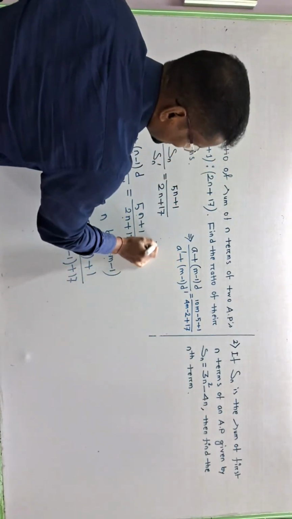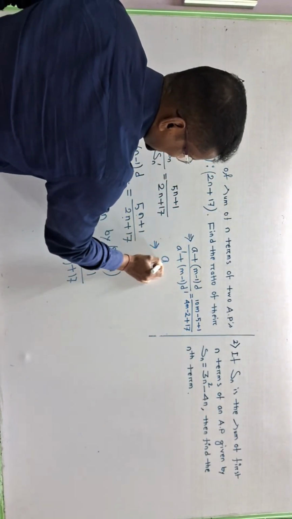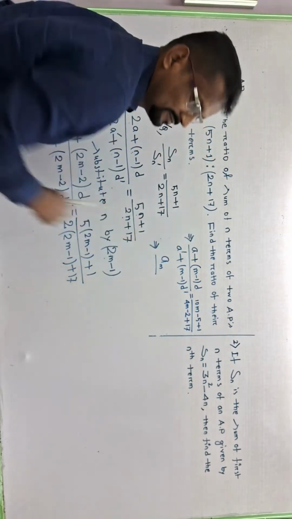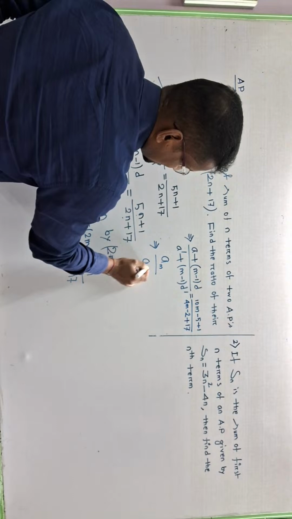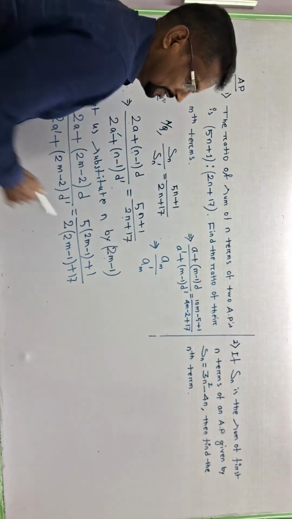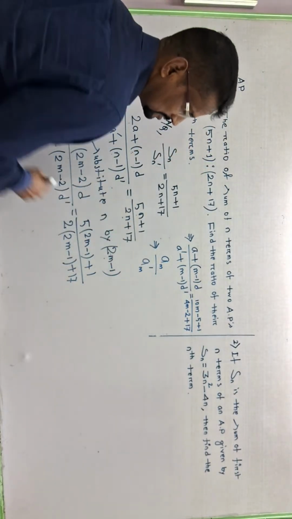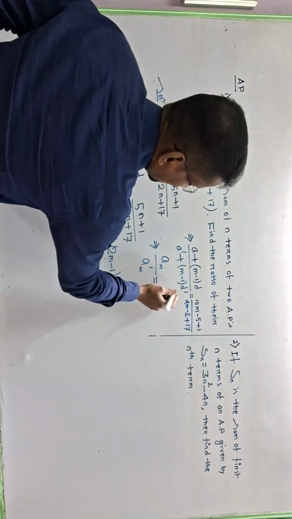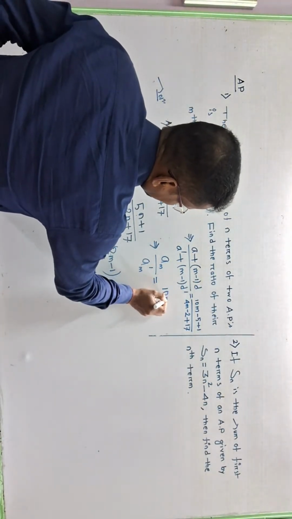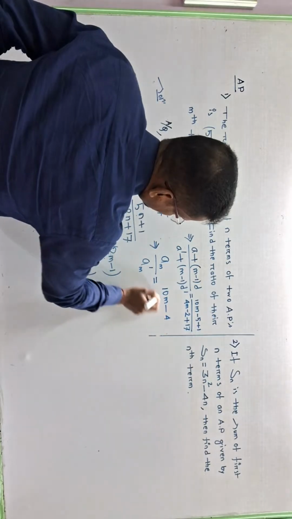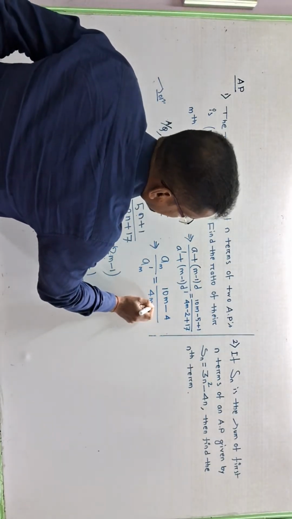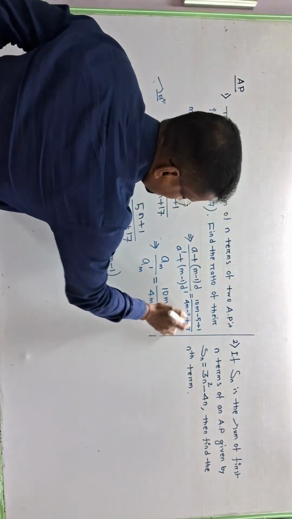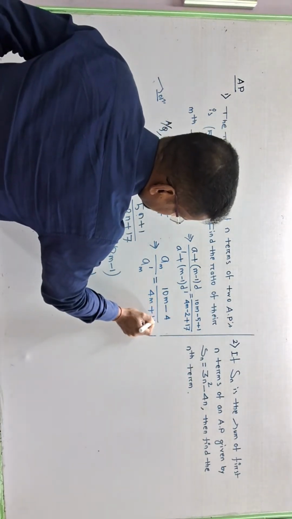And this is nothing but the mth term of the first AP, and this is nothing but the formula for the mth term of the second AP. Equal to, now it is 10m minus 4, divided by 4m, plus 17 minus 2, that is 15.